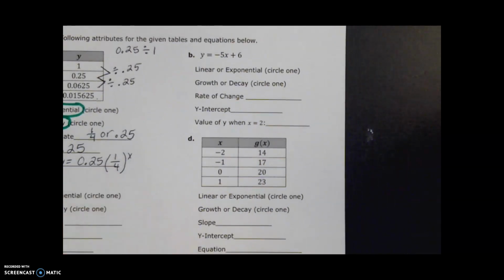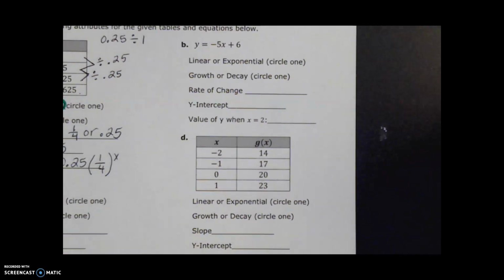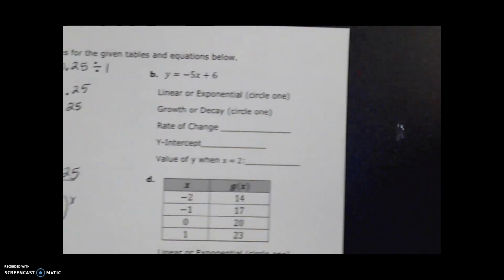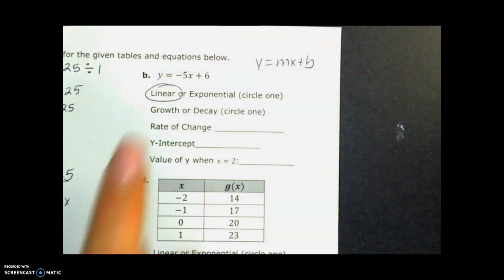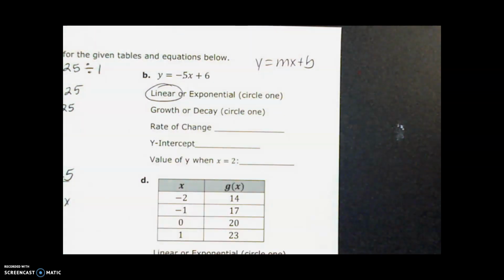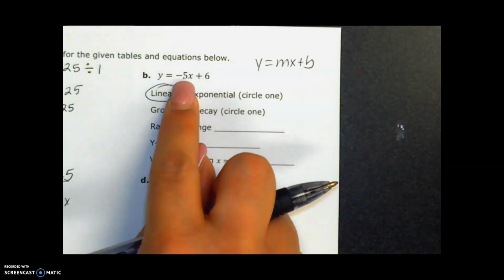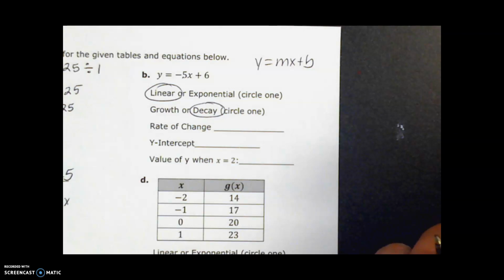All right. B, I can look at that equation, and I know that that's a line because it's in y equals mx plus b form. So linear. This is actually for exponential functions, but this is a negative slope, so I guess we could say it's a decay. It's really just a negative slope.